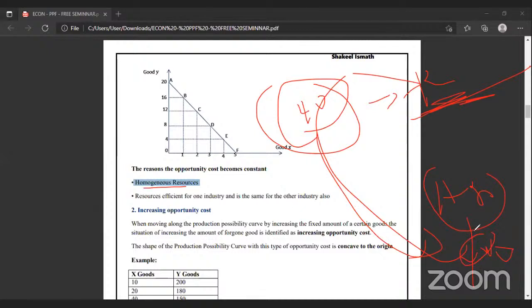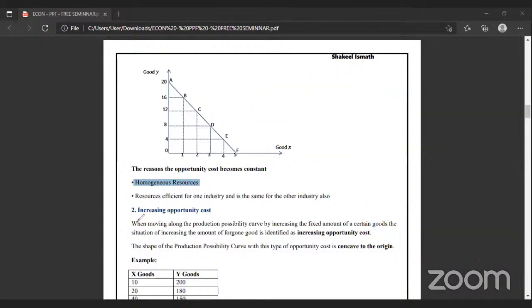That is what they mean by homogeneous. Homogeneous resources mean the laborers utilized in agricultural production can also work in robotic engineering. That's why it's constant. It's not practical, it's a hypothetical concept. Resources efficient for one industry are the same for the other industry.